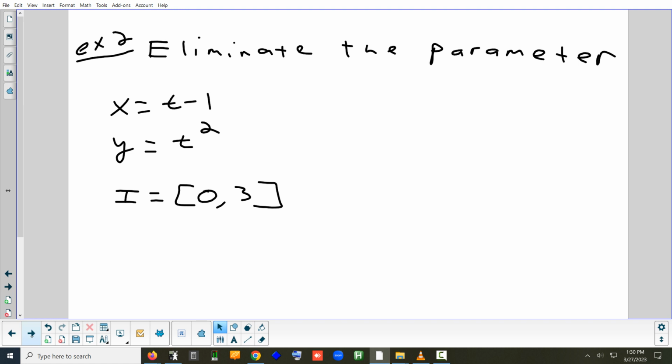What's my first step to finding the formula with y by itself and no t? Solve for t and which equation? X. So what does that give you here? T equals x plus 1.